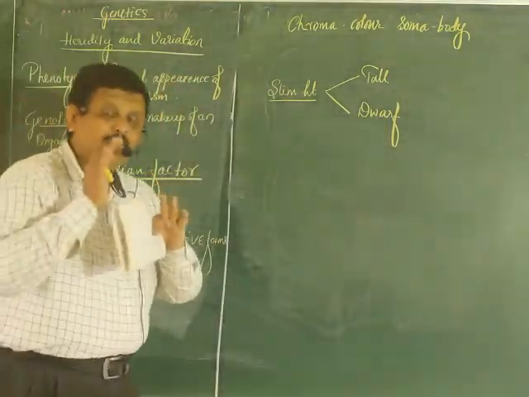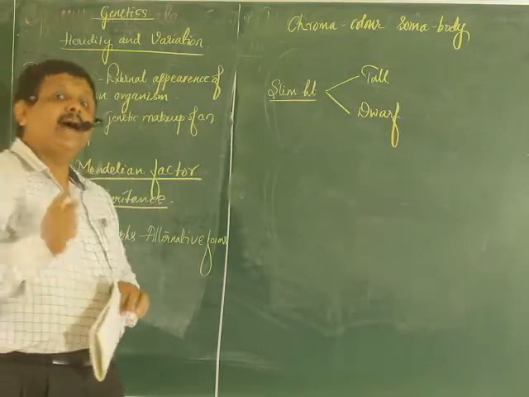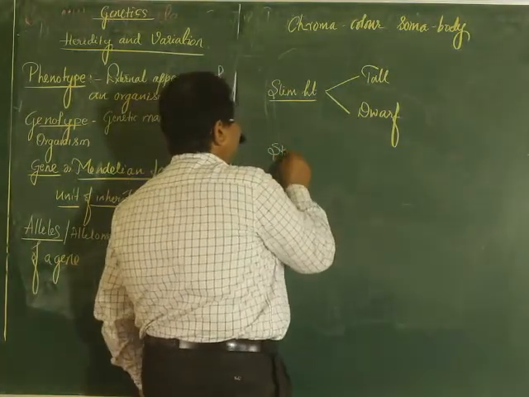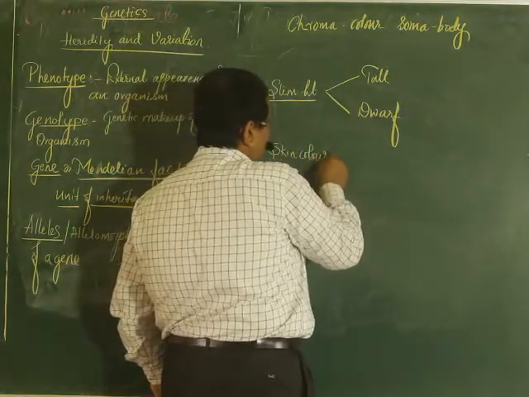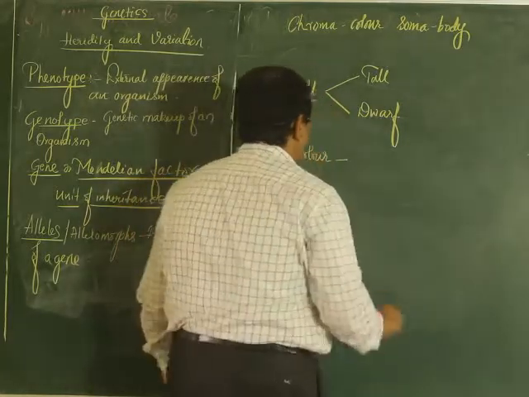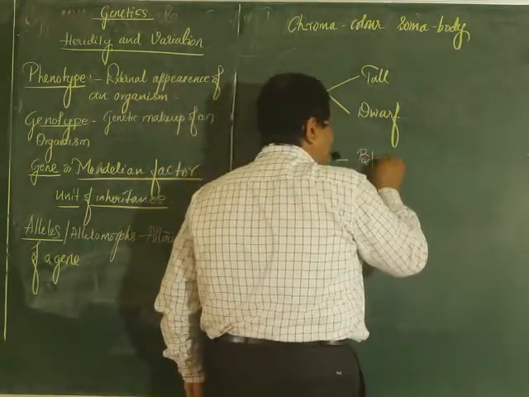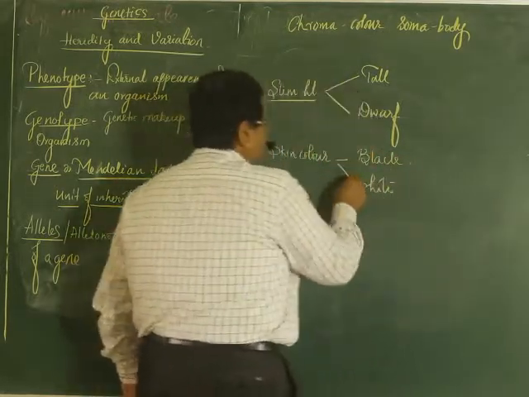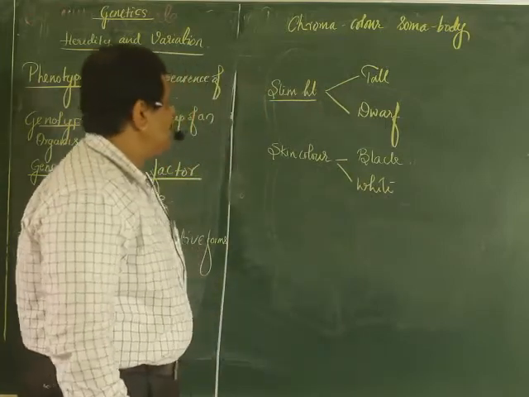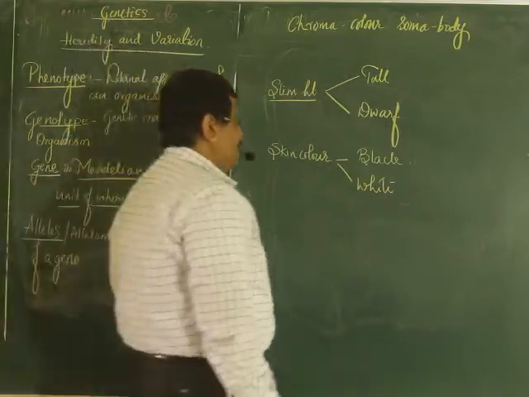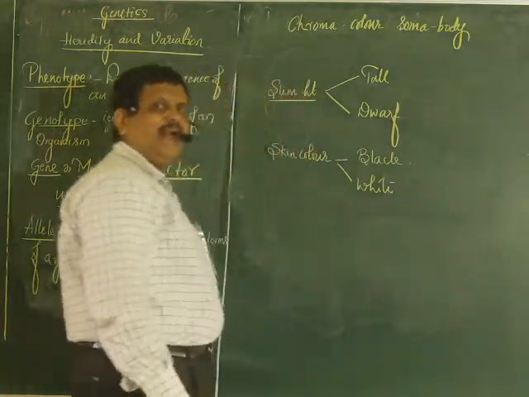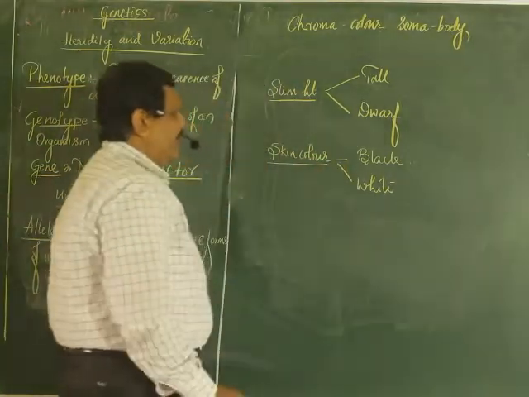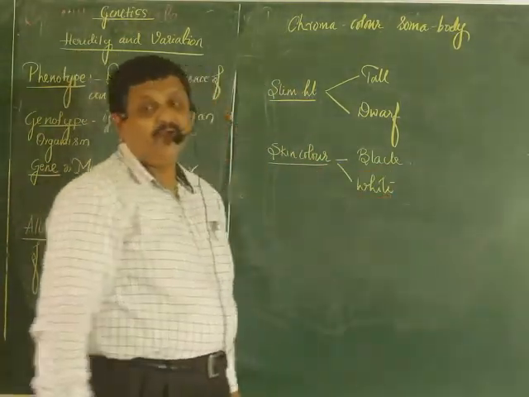Stem height is one character, but it has how many alternatives? Two alternatives. Skin color, if we take, black is also color, white is also color. Of course, there might be one dominant and another one recessive. But this is also another character, and these are the two alternative forms.